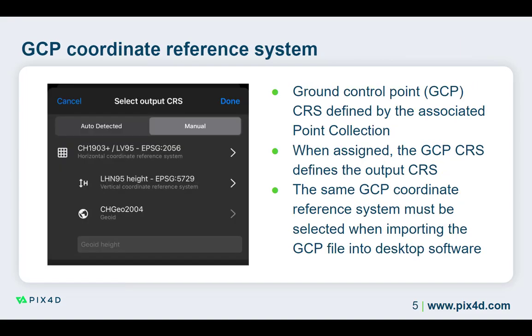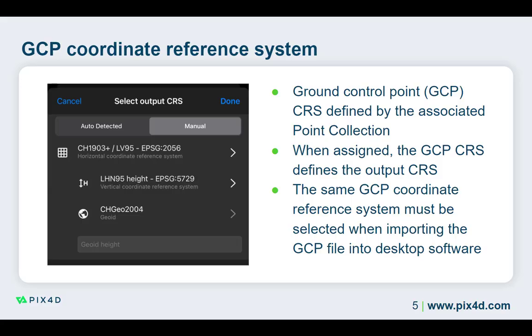The ground control point or GCP coordinate reference system is defined by the coordinate reference system used to record the GCPs. This coordinate reference system is selected when the GCPs are recorded and needs to be clearly communicated to ensure that the correct CRS is selected when processing the imagery.